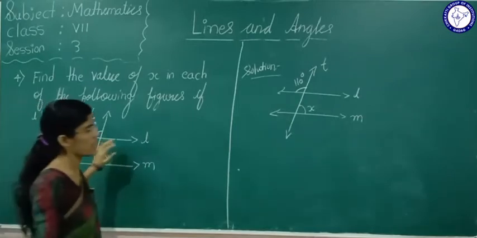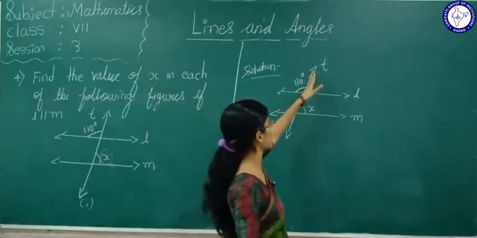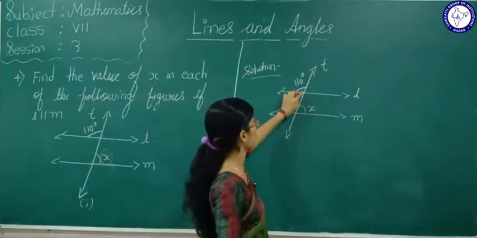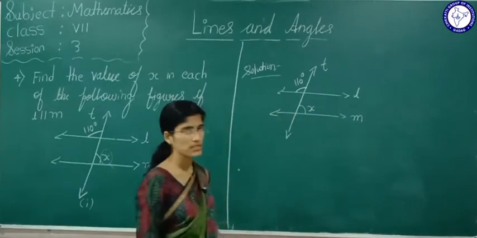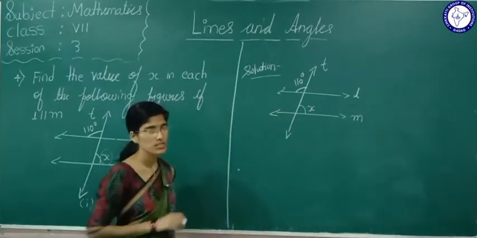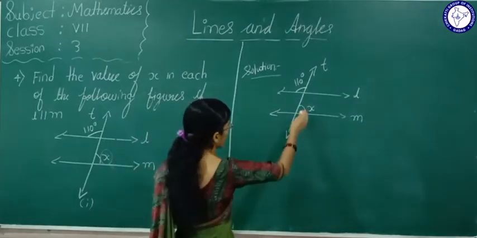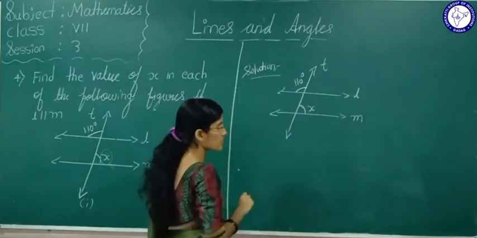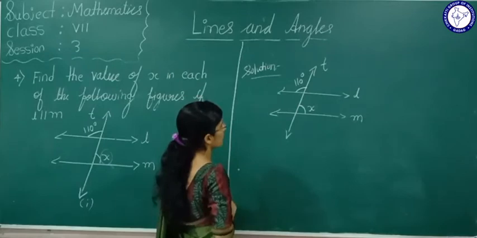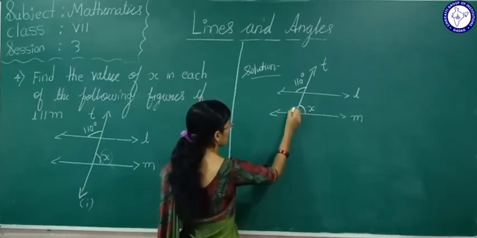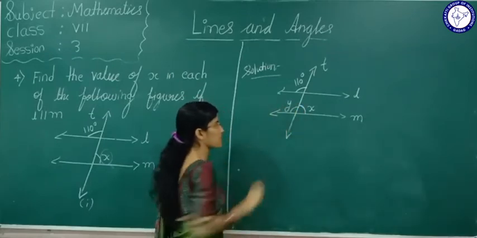If L is parallel to M, we have to find out the value of x. Now we know that here two lines are there and this line is intersecting these two lines at two different points. Yes or no? Definitely this is a transversal. To find out the value of x here, I will take this angle as y.